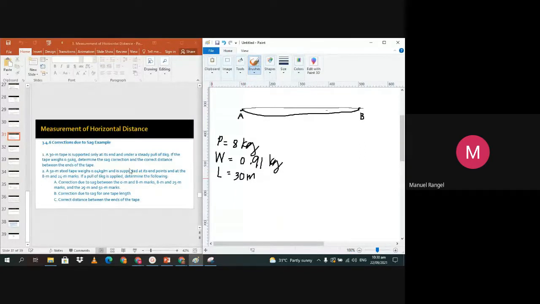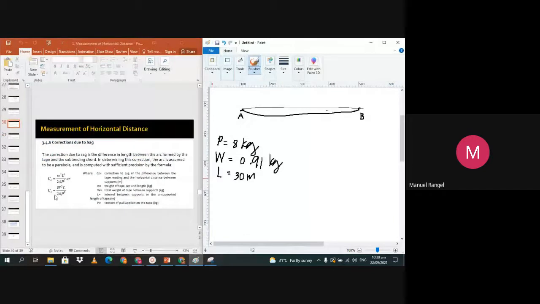Determine the sag correction and the correct distance between the ends of the tape. Since big W is given, the formula would be equation number 2.